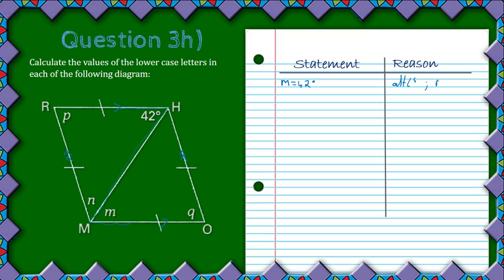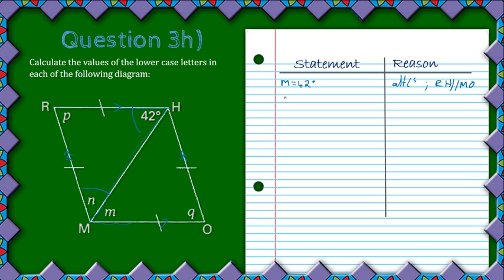So we've got RH being parallel to MO. Alright, so now we need to find N. And if we look at this triangle over here, this side being equal to this side makes this an isosceles triangle. So that means these two angles are equal.